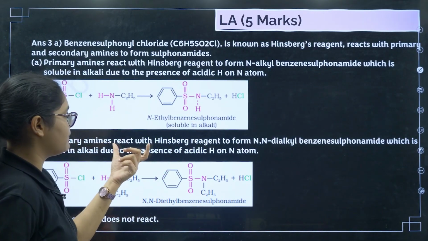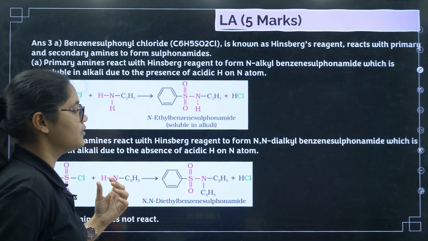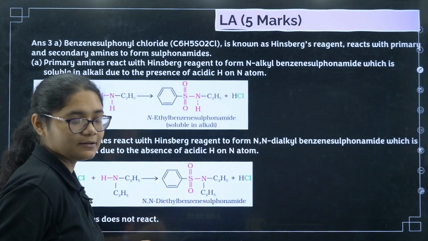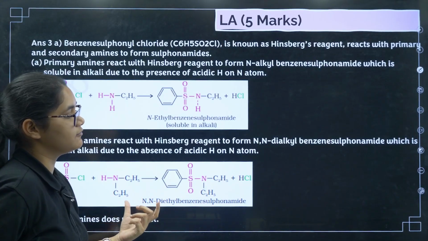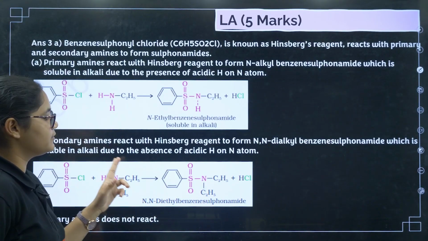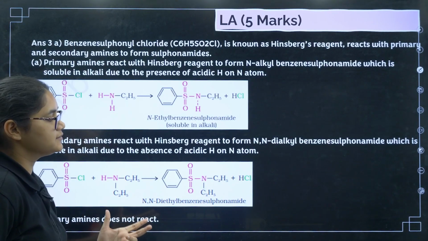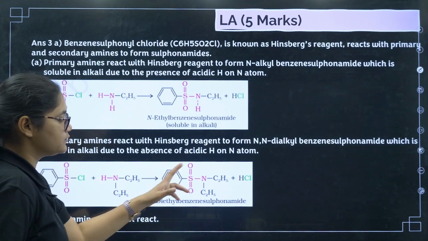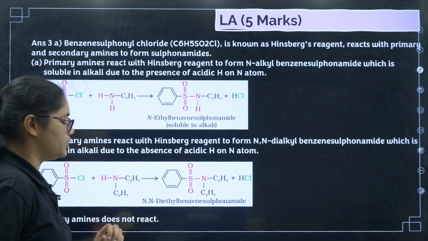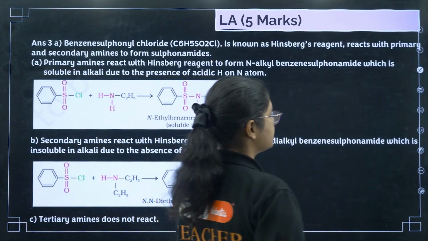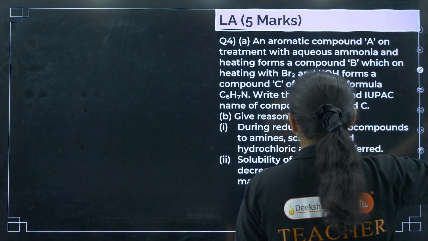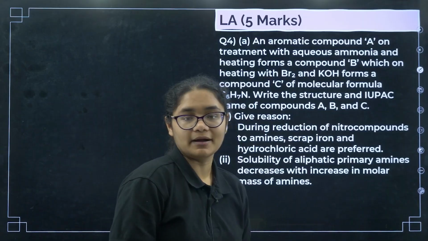Next, secondary amines react with Hinsberg reagent to form N,N-dialkyl benzene sulfonamide, which is insoluble in alkali due to the absence of acidic hydrogen. Okay, there is no acidic hydrogen, so it is insoluble. And the next one, tertiary amines do not react. So in this way you can segregate primary, secondary and tertiary amines.